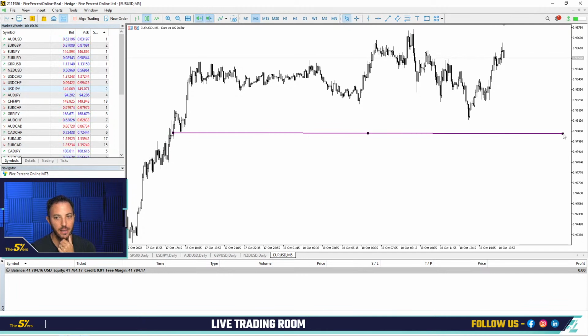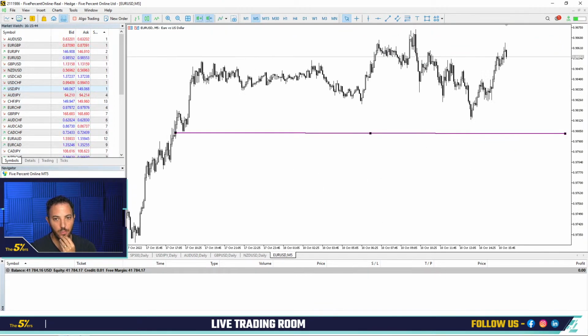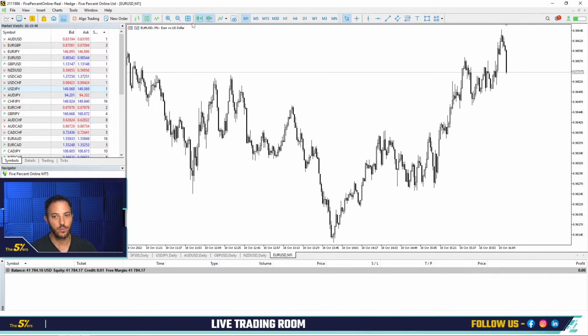Okay, that would be my bias. I'm going with the long-term bias. It's at the resistance, so I need to wait for pullbacks, and then I'll start building into some longs.